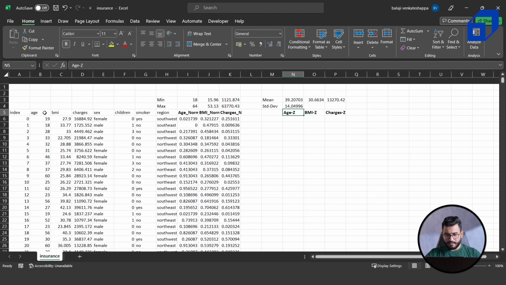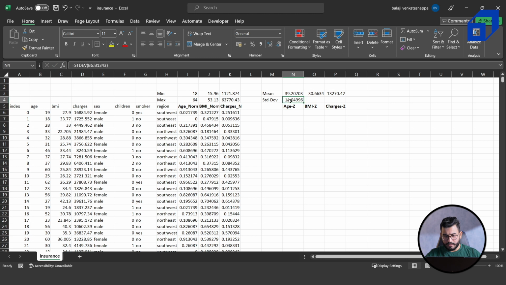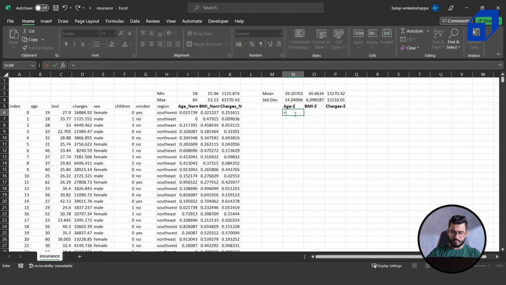Then I will extend this to the next cells, and now we will apply the formula: is equal to x minus mean, and I will again freeze the row, x minus mean divided by standard deviation. This is my standard deviation. I will freeze the row and enter.